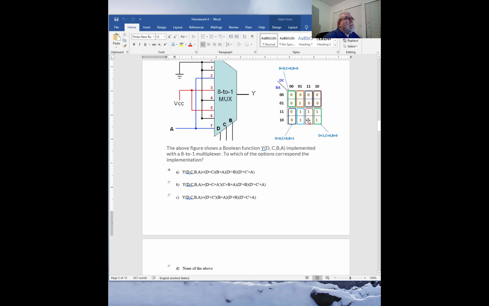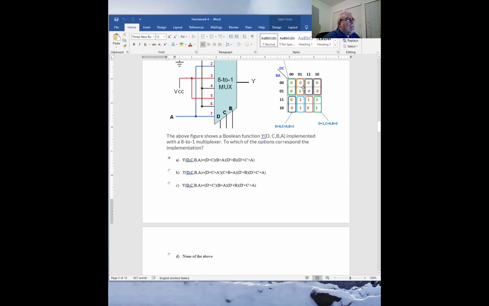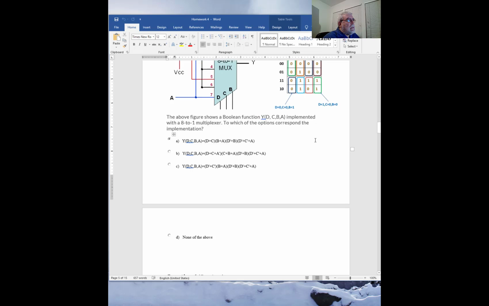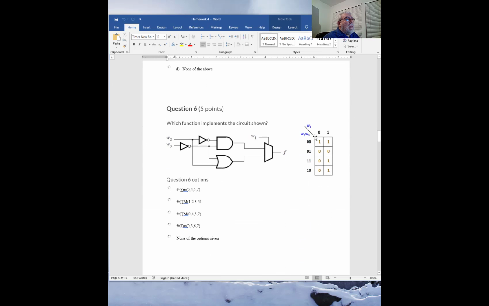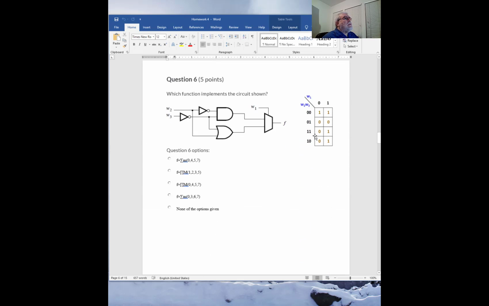We can pair this only with this one. That will be D naught or C naught or A. So this is the answer. So be careful with the product of sums. It's not that hard. Okay, let's see what happens in question 6.